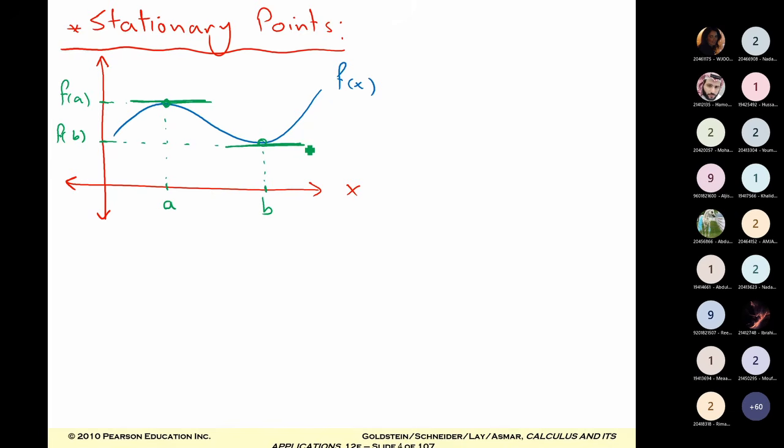The slope of the tangent line here at x equal A equals 0, because this is a horizontal tangent line, okay? We can conclude also f prime at A equals 0, okay?